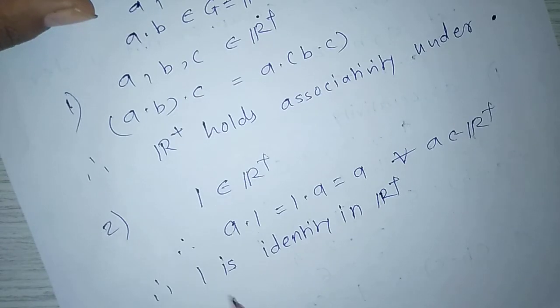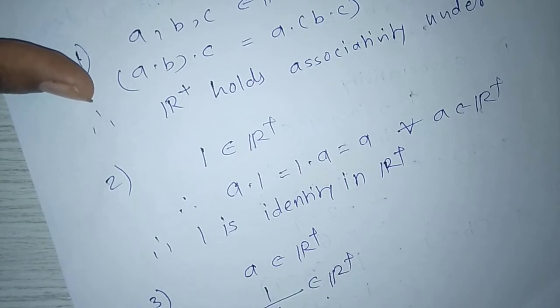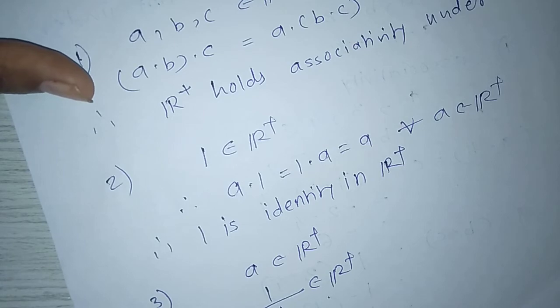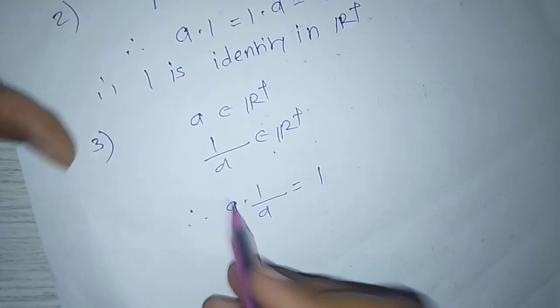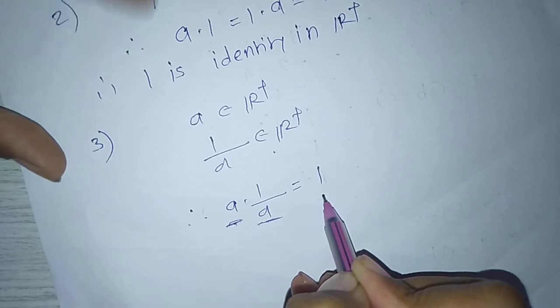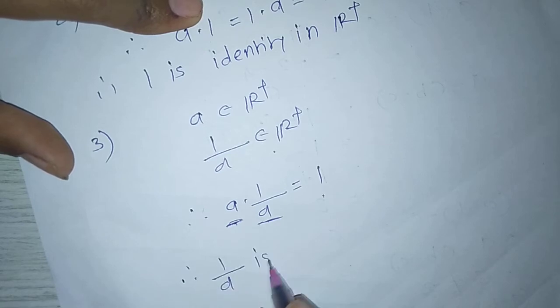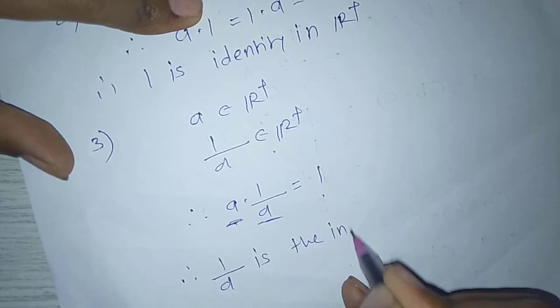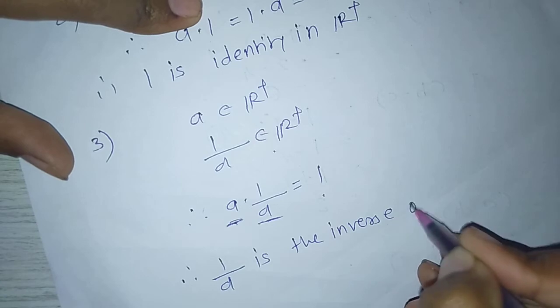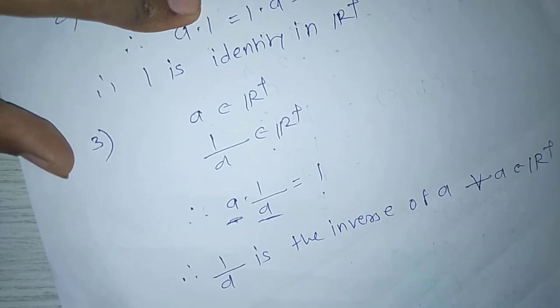Third, a belongs to R plus, also 1 upon a belongs to R plus. Therefore a into 1 upon a equal to 1, and 1 is nothing but the identity of R plus. Therefore 1 upon a is the inverse of a for all a belongs to R plus.